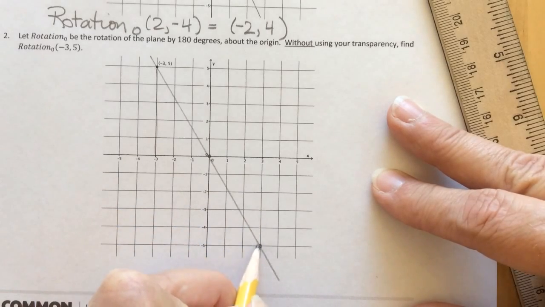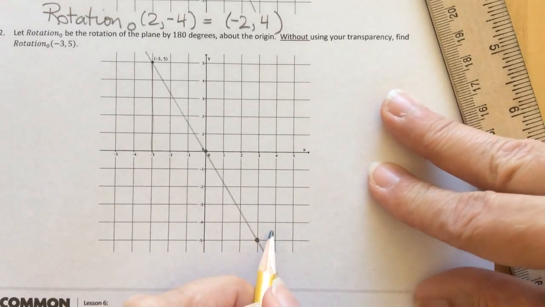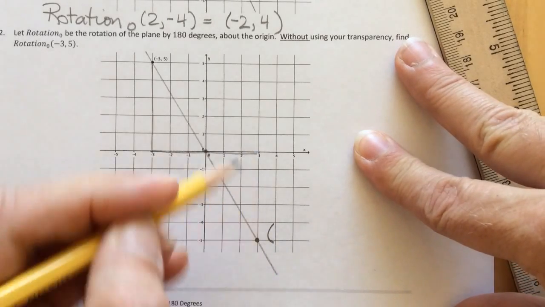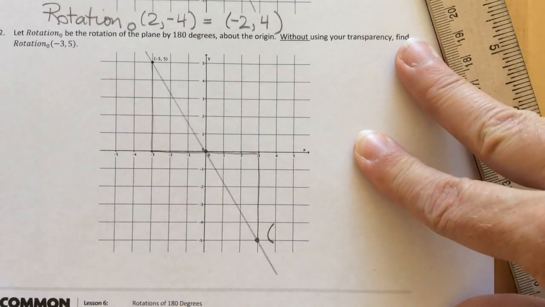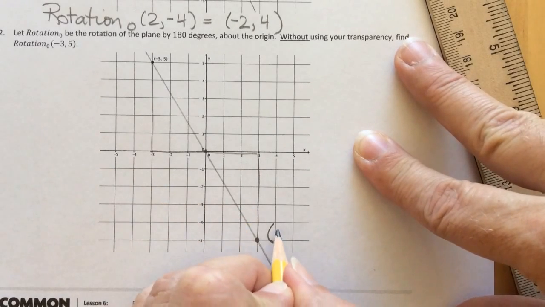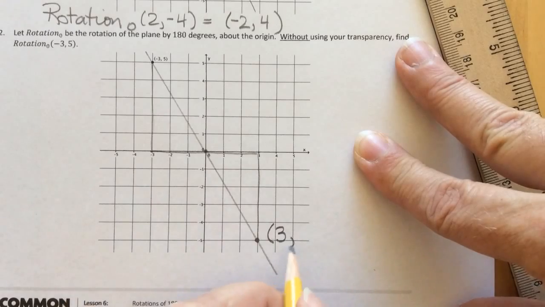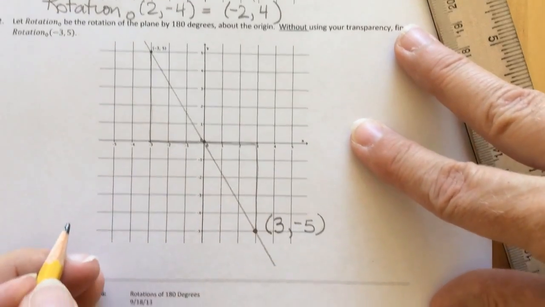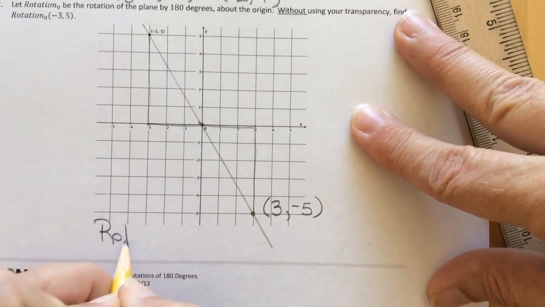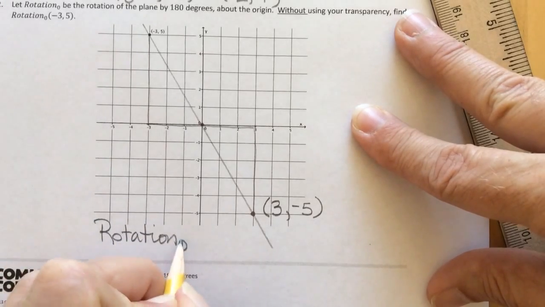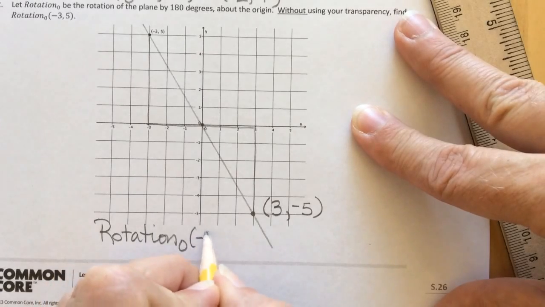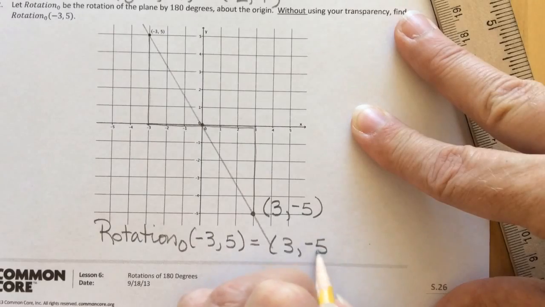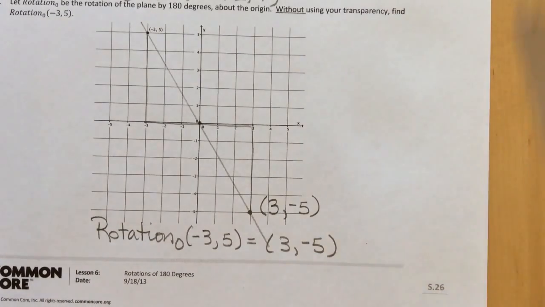So it becomes really clear how to find the coordinates of this point just by looking at the distances in this triangle. There's a lot of geometry going on here, so I don't want you to just memorize this rule, I want you to understand why it works. So the rotation around the origin of -3, 5 is equal to 3, -5. Okay, so that's exercises 1 and 2.